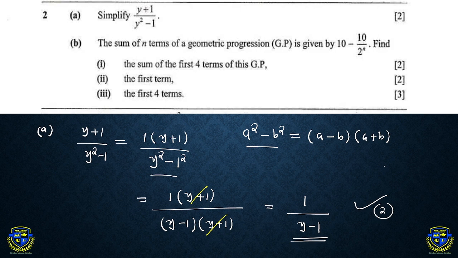Knowing that n will be equal to 4, because we've been told that it is the sum of the first 4 terms. So we've been given the formula already. So we shall say, b Roman numeral 1, sum is equal to 10 minus 10 over 2 to the power n.